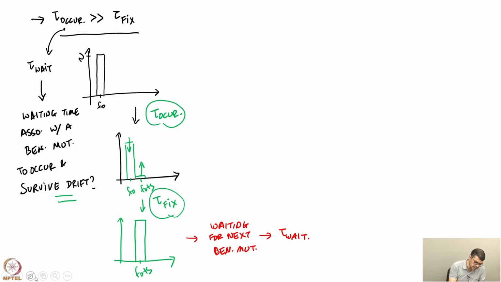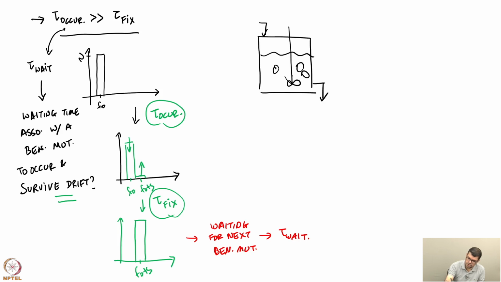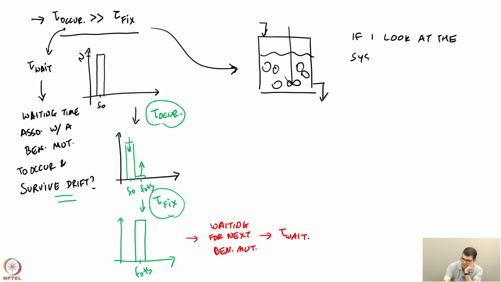Now, the question I want to end this video with is the following: if I am operating in a regime like this, where these cells are growing and tau occurrence is much more than tau fix, and I look at the system at an instant of time, how many genotypes do I see?